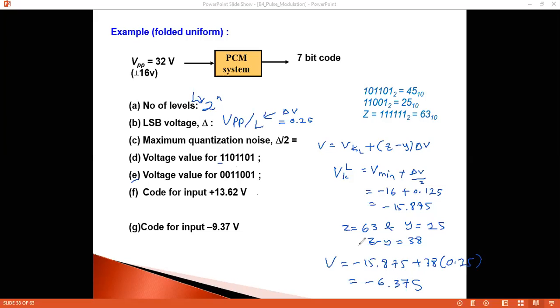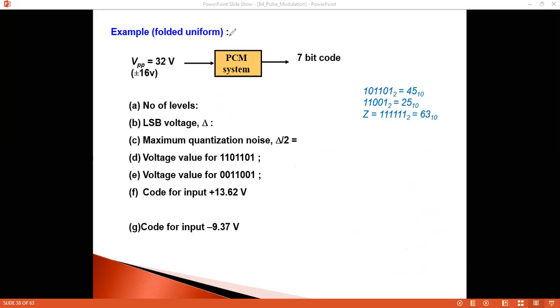So this is the answer for E. You have to take care: for folded, you need to pay attention to the MSB, whether it's 1 or 0. 1 is positive, start with VKH. 0 is negative, start with VKL. So that's the code for the input.